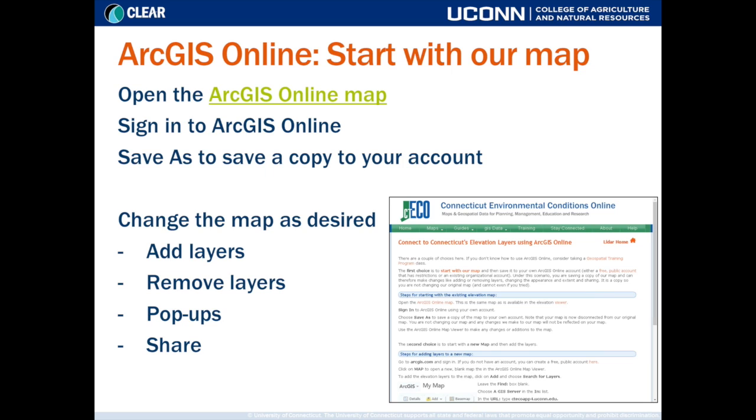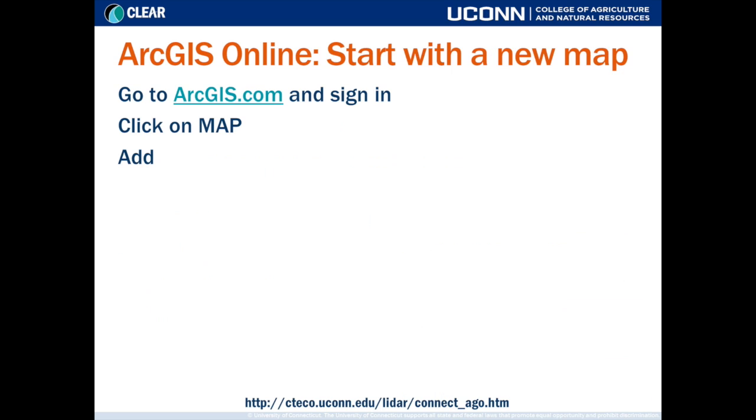Basically, you go to our map, you sign into your ArcGIS Online account, you can save a copy of our map to your account, and then you can change it. You can remove some of our layers if you only want one or two of them. You can add your own, customize your pop-ups, and of course save it and share it.